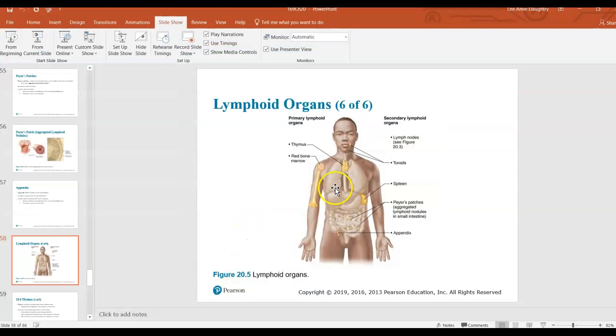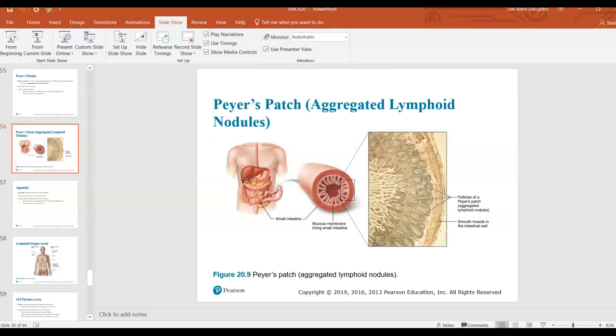But the main thing is that you know the names, and the three most important ones are going to be your lingual tonsils, your palatine tonsils, and then your pharyngeal tonsils here, okay? Let's go back.